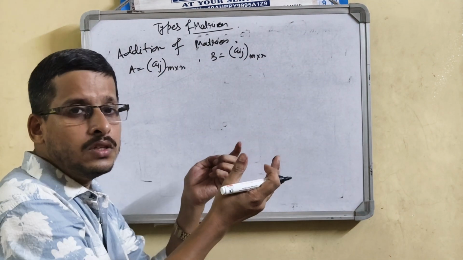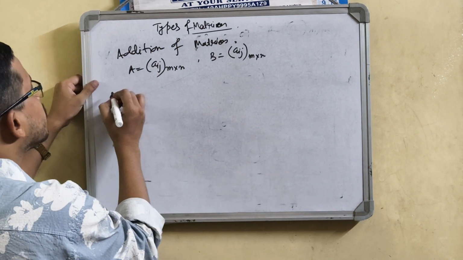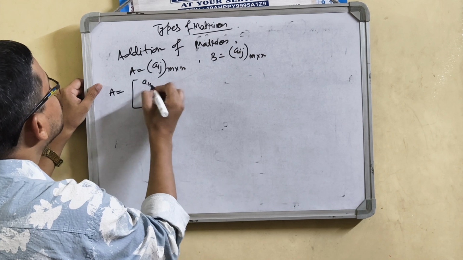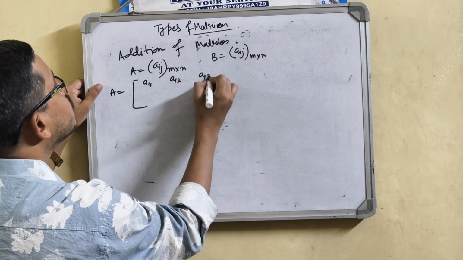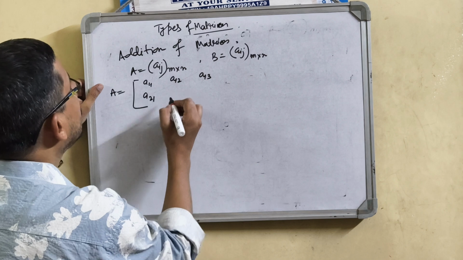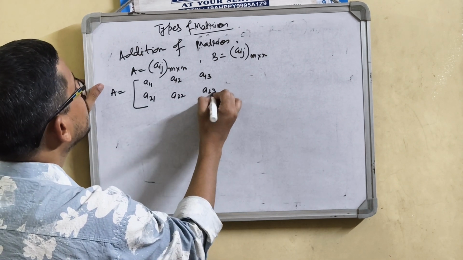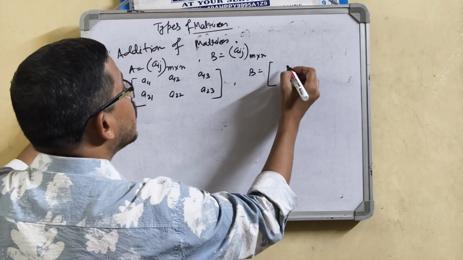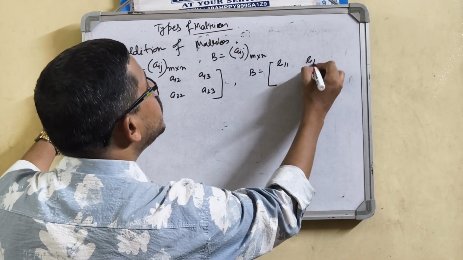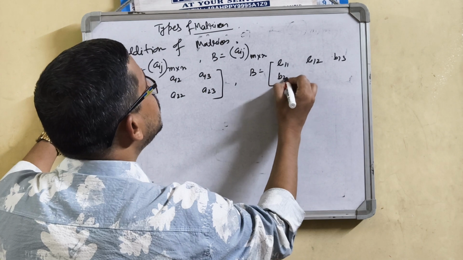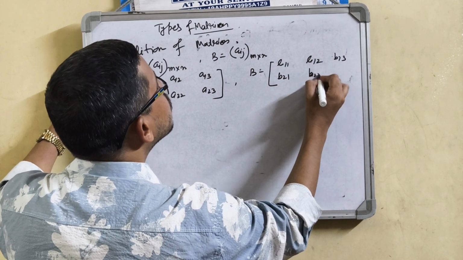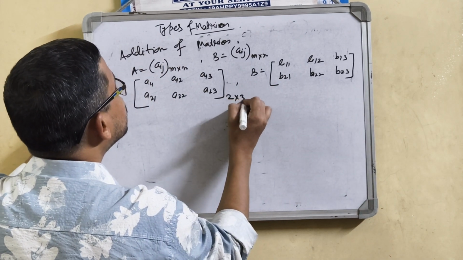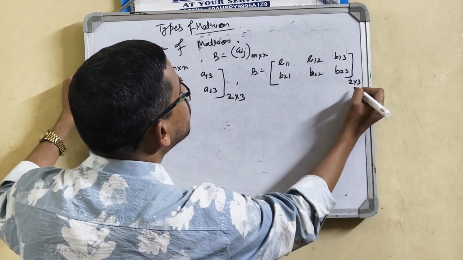If we add these two matrices, consider that A is A11, A12, A13, A21, A22 and A23, and B is B11, B12, B13, B21, B22 and B23. There are two rows and three columns here, and here also two rows and three columns.